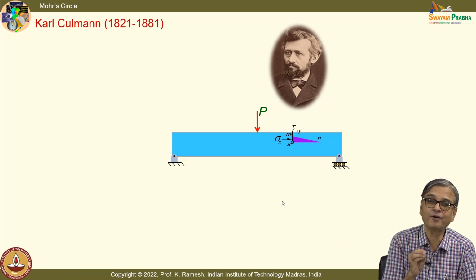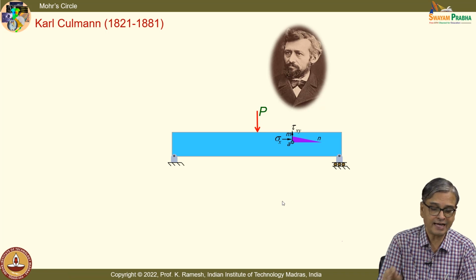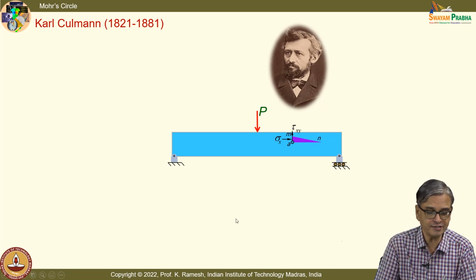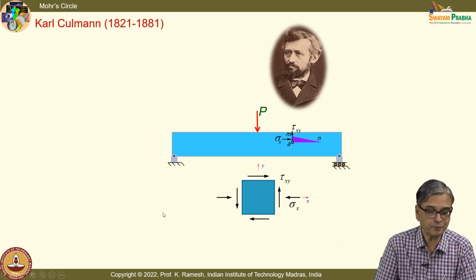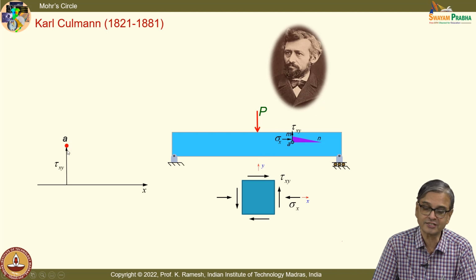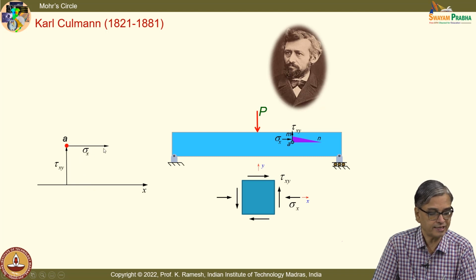Only for the problem of a beam, when it has both normal and shear stress, he followed a procedure like this. I am going to follow what he has done. Okay. So, he has plotted on the x-axis and y-axis. So, he plotted shear stress and labeled that as point A. Whatever the shear stress at point A, he had put the shear stress, and he had put the normal stress and put it like this. Okay.